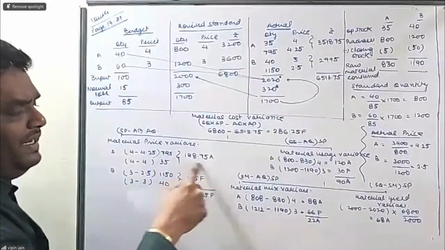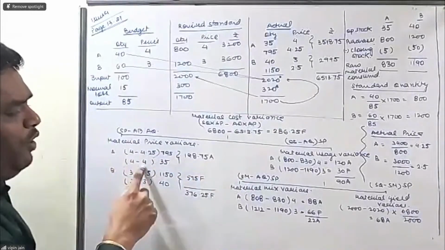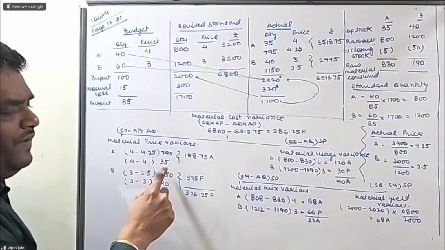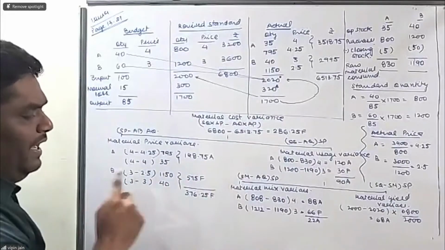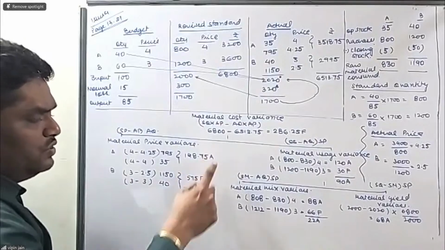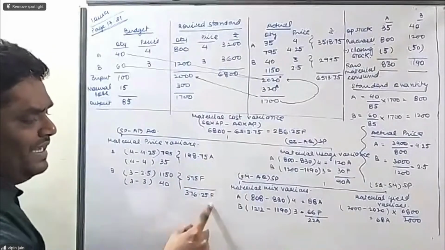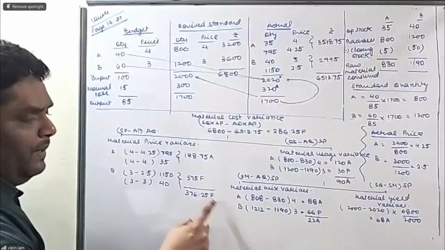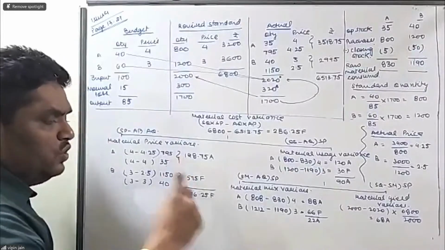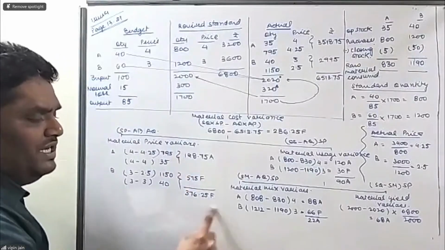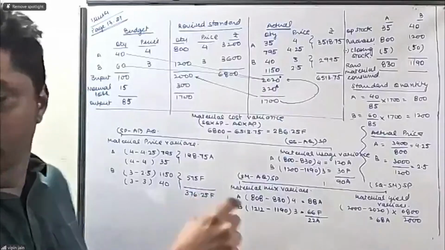I got 198.75. And 4 minus 4 is 0, into 35. It will be 0. So 198.75 for A and 575 for B. So the total will be 376.25 favorable. See, this is favorable and this is adverse. So net favorable will be 376.25.